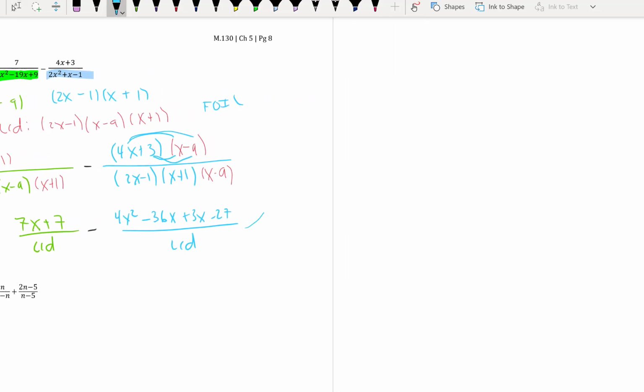So I'm going to go over here with my work, just copy it over. So I still have my 7x plus 7 over my LCD. Minus, now I'm going to combine like terms here. I can at least combine that negative 36x and positive 3x. So 4x squared still remains.